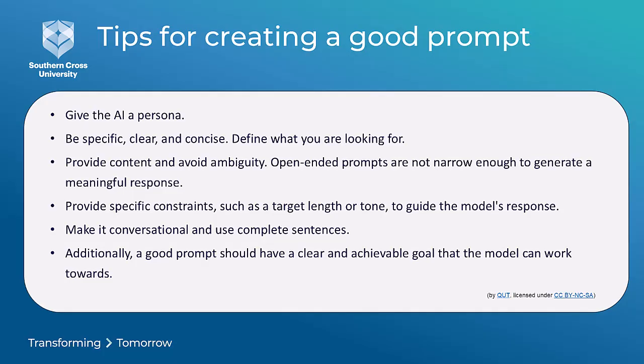And here are some additional tips for creating good prompts. A basic prompt gives the AI a general idea, but often results in vague or generic responses. A great prompt, on the other hand, is clear, specific, and tailored to the user's needs, leading to much more useful and relevant output. Great prompts often include you giving the GenAI a persona or a defined role. It includes clear and specific instructions about what you're looking for.